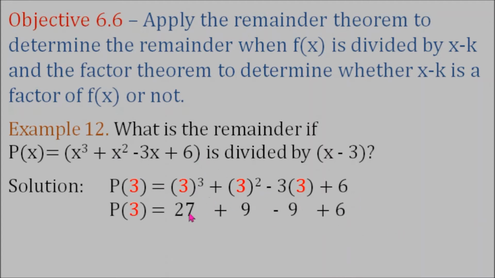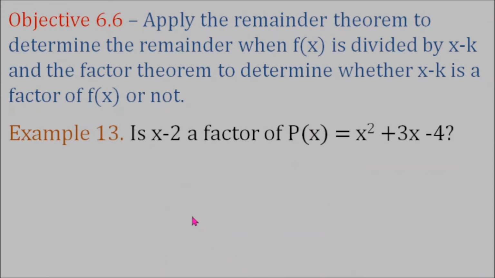So 3 cubed is 27, then 3 squared is 9, 3 times 3 is also 9, then plus 6. So 27 plus 9 minus 9 plus 6 equals 33. So this is the remainder when this polynomial is divided by the binomial x minus 3.